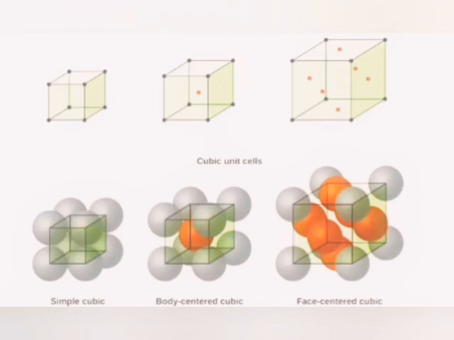Here is a simple cubic unit cell on the left hand side, the middle one is body centered unit cell, and the last one is face centered unit cell. As I explained, in simple there are constituent particles at the corners, in body center at corners as well as in the center of the body, and in face centered constituent particles are present at the corners and faces.